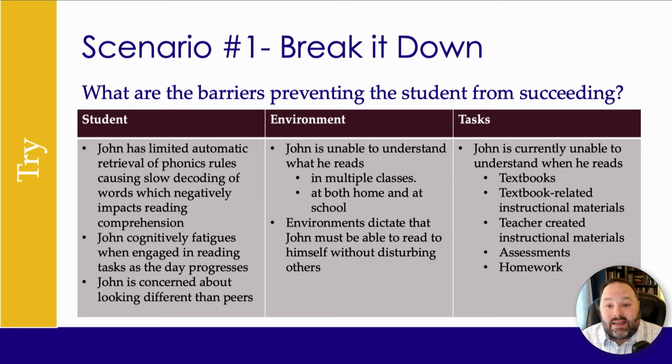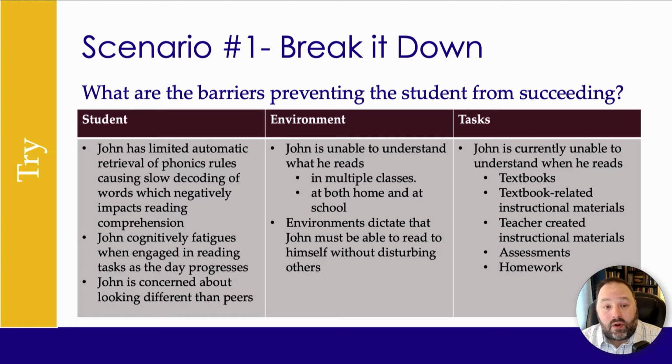So let's identify the barriers that John is facing. So we know with regard to the student himself, John has limited automaticity of those phonic rules, and that is slowing down his decoding rate, which is negatively impacting his reading comprehension.